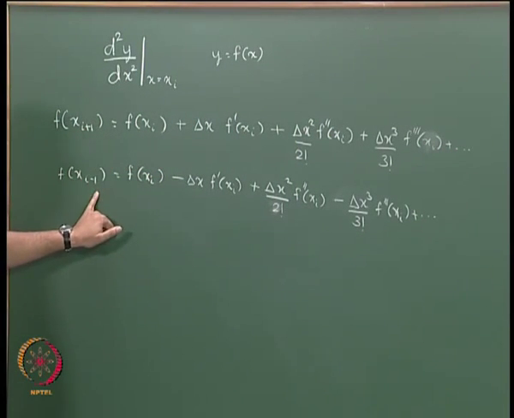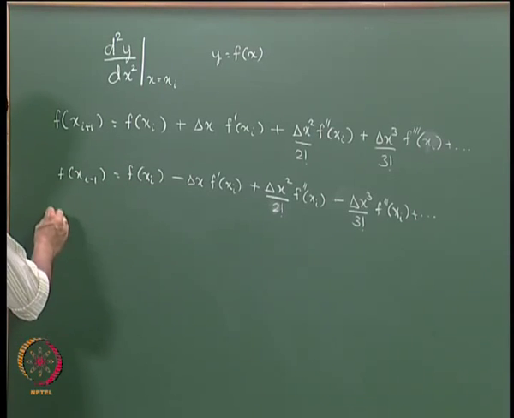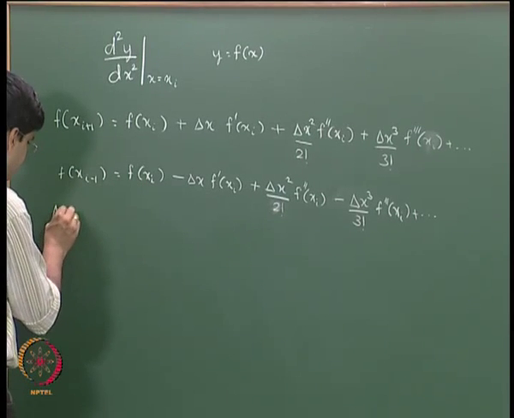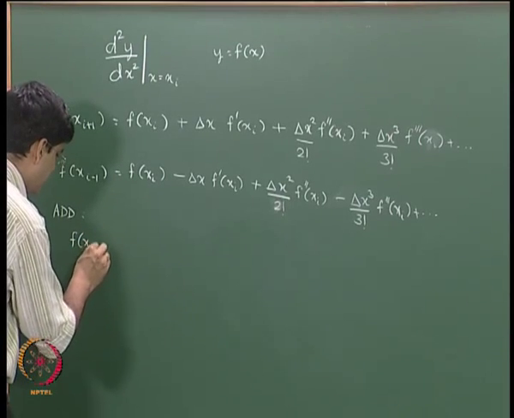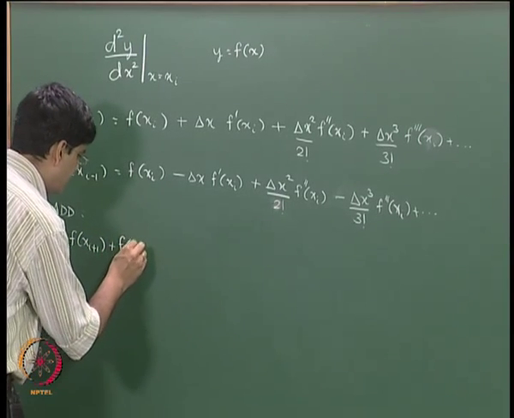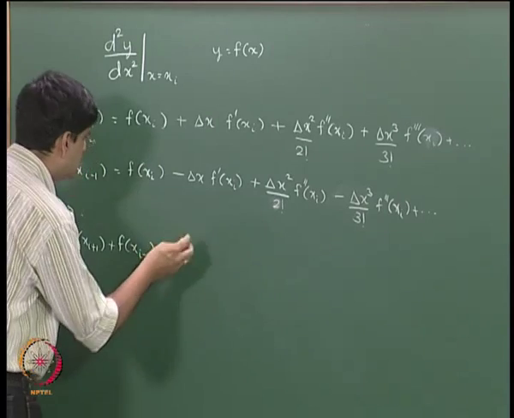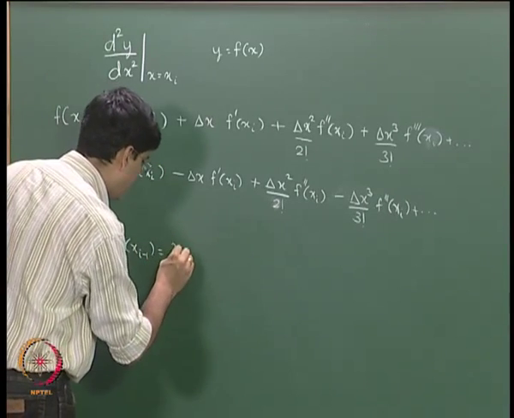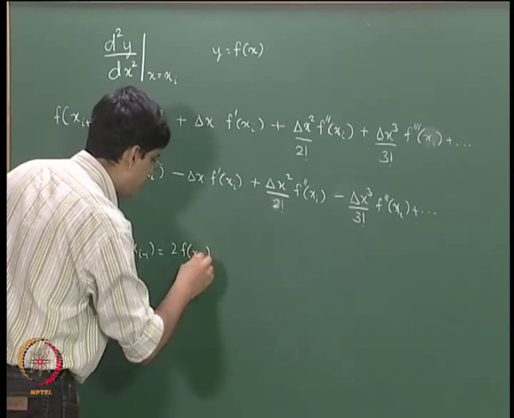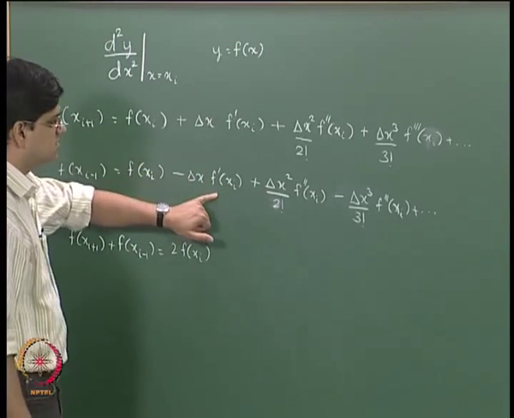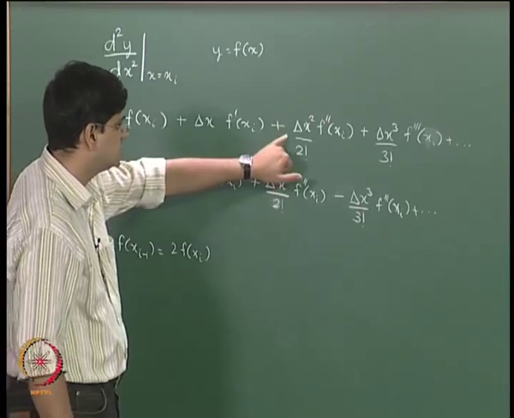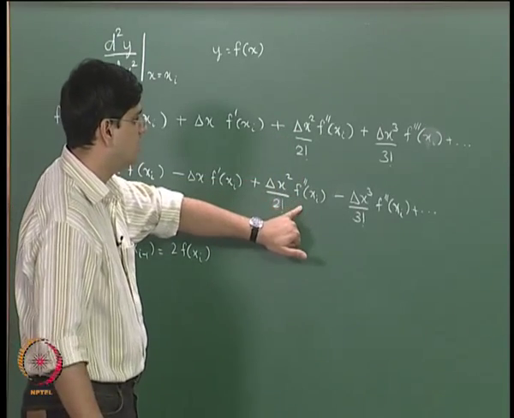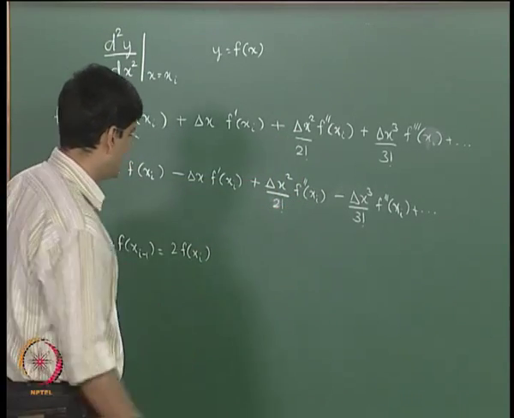Now I will add these two equations. When I add these two equations, we will get f of xi plus 1 plus f of xi minus 1 equal to twice f of xi. This term and this term will get cancelled, this term will be retained, so it is 2 times delta x squared multiplied by f double dash divided by 2.